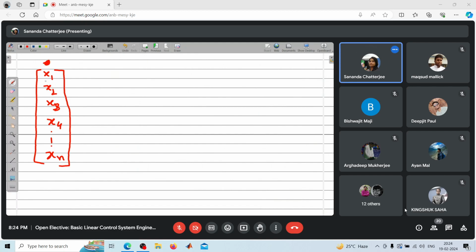The derivative of this vector is related to the original vector.